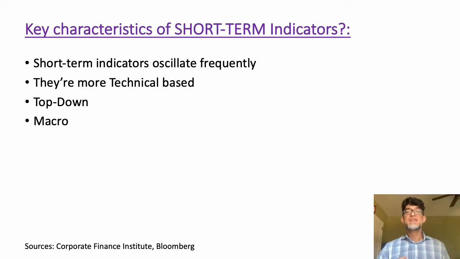And of course, they're macro based most of the time. Some people might argue that they're a lazy man's way of looking at things because they're more technical based, and so you don't really need to spend the 100 hours you need to really understand the data behind the charts. But that's for another day to discuss.